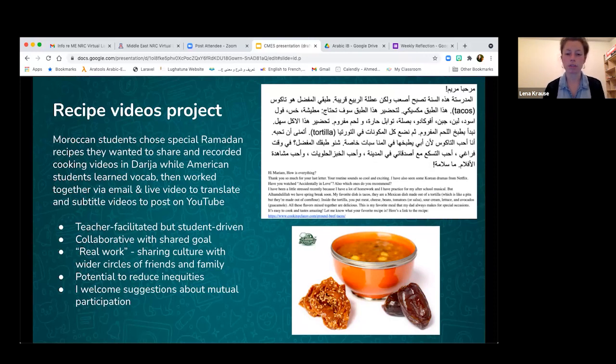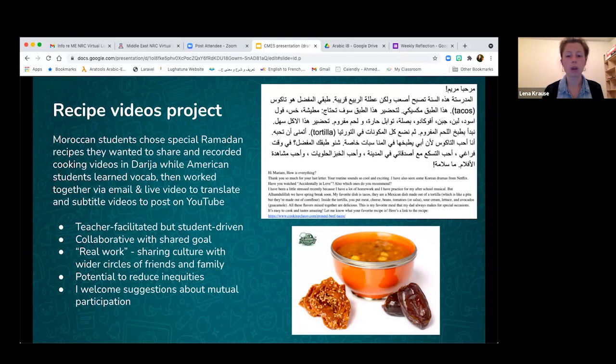And to pull a little bit of Montessori jargon, it's also rooted in real work. They're not producing something for a grade, they're producing something that's going to be on YouTube, and ideally they can give to their aunt in Nebraska and she learns what harira is. So the outcomes are real. This is my first time facilitating an exchange like this.